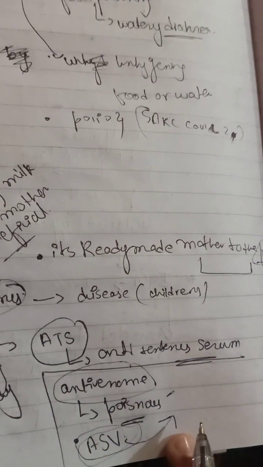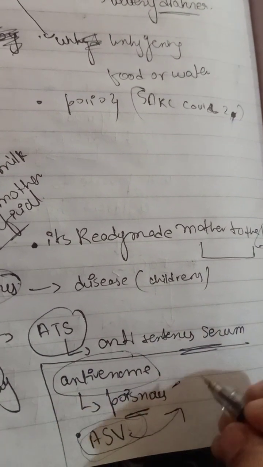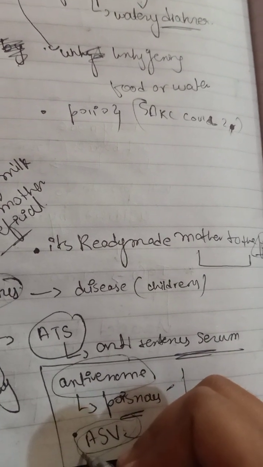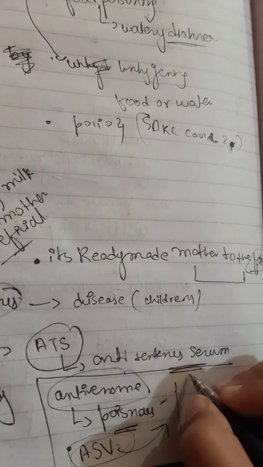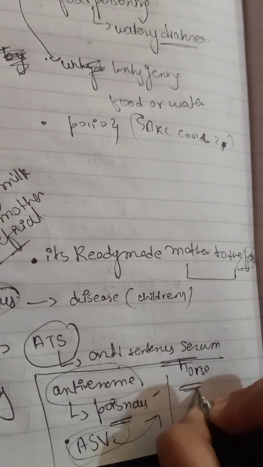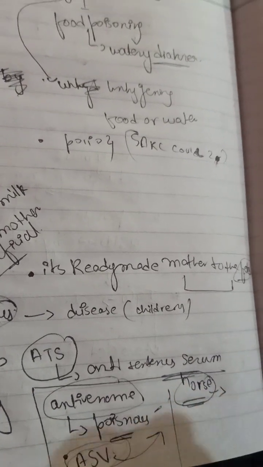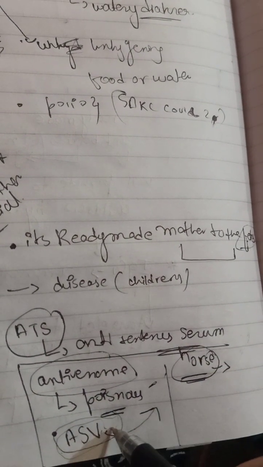So that serum is basically used against the causative organism. Okay, one more thing I want to tell you guys, that anti-snake serum is basically produced by the horse too, because in the horse body we have the ASV.